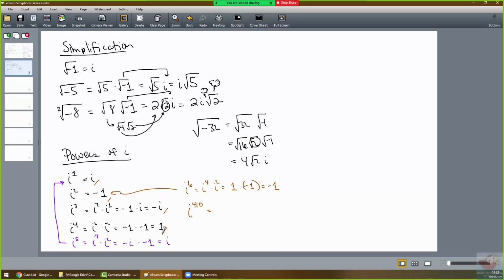What's the largest multiple of 4 that is less than or equal to 410? 4 doesn't go into 410. One less than that, 409, is not a multiple either. One less than that would be 408.